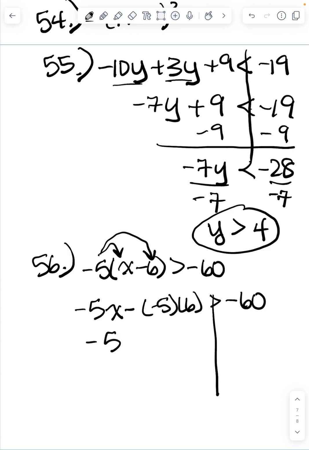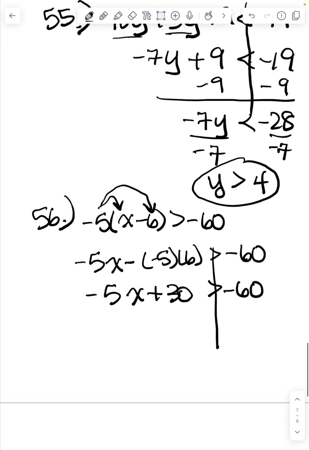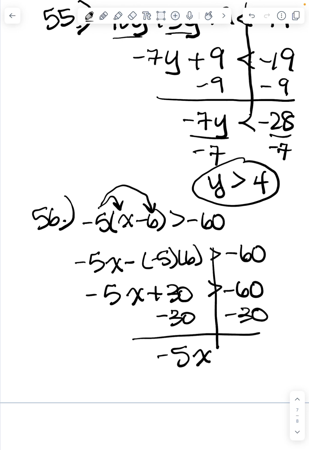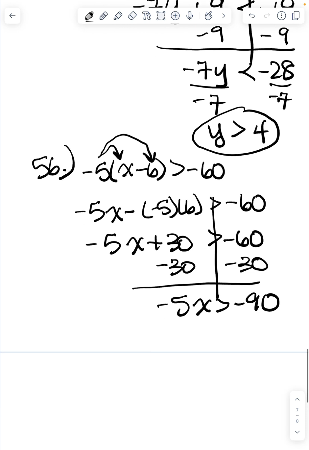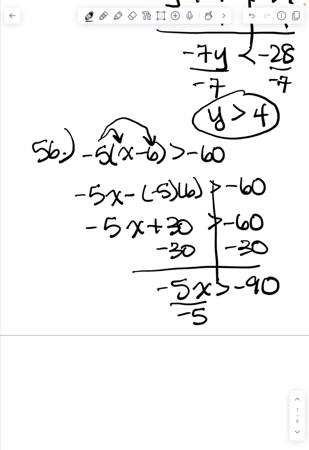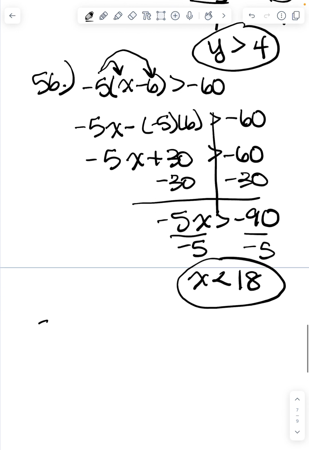This is going to be negative 5x plus 30 is greater than negative 60. Minus 30 on both sides. Negative 5x is greater than negative 90. Divide by negative 5. X, flip it because we divided by the negative. X is less than 18.